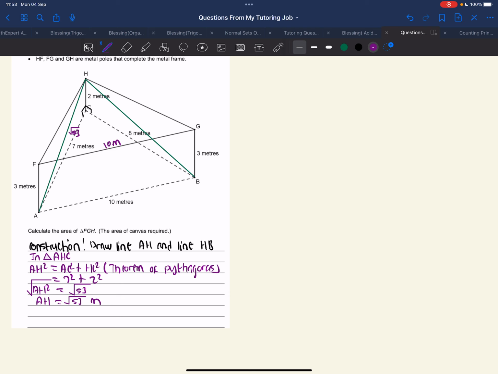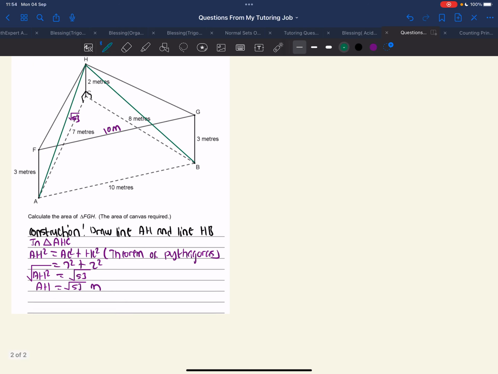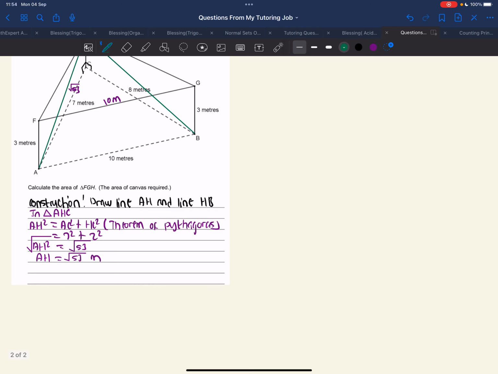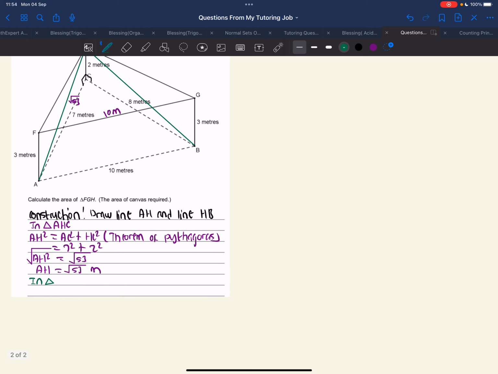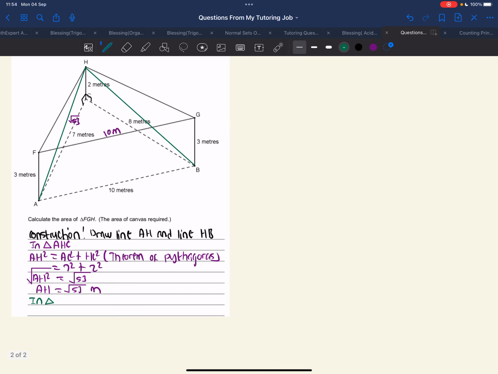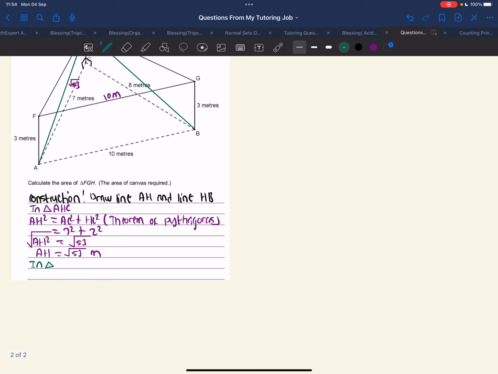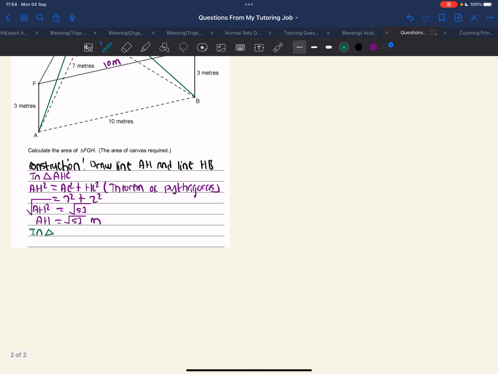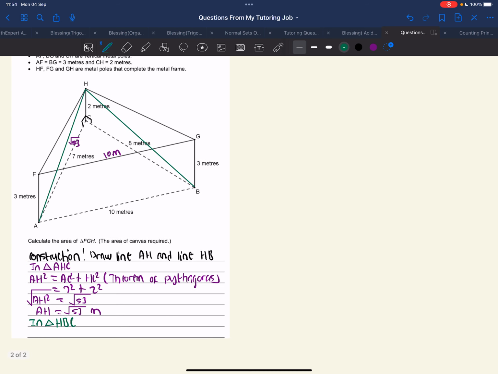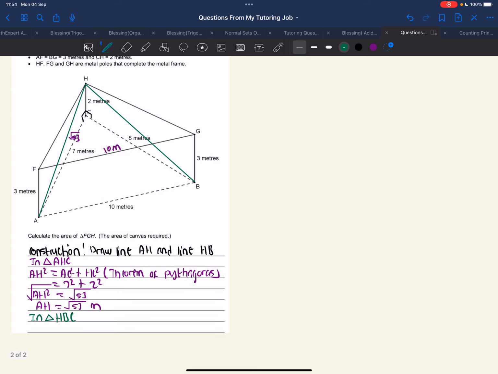All right, then changing to a different color, I'm going to say in triangle HBC, find the length of HB.